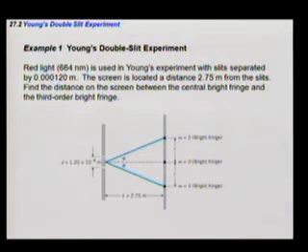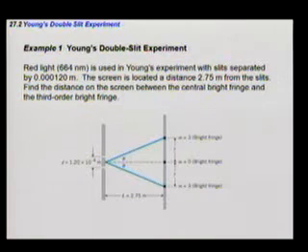Did they give us lambda? Yep, they gave us lambda. Now this one's kind of annoying because you're going to have to change that lambda to 664 times 10 to the -9 meters. You've got to put everything in meters. We can find y. Once we find this angle, y is pretty easy to find because we'll just use the tangent of that angle to find y.